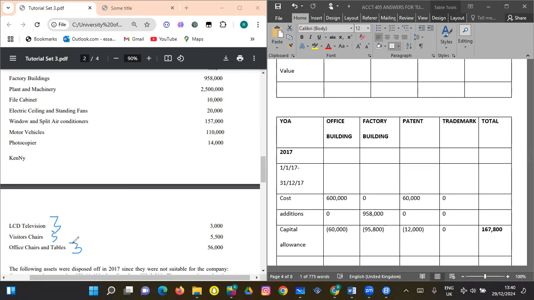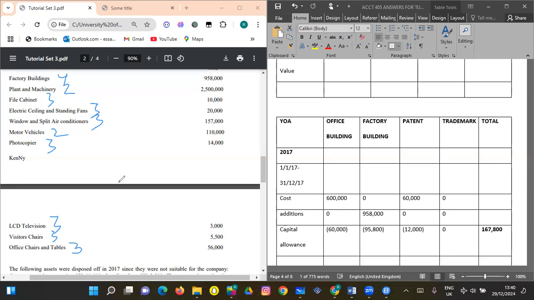So photocopier pool 3, motor vehicle pool 2, windows and split air conditioners pool 3, electric ceiling fan pool 3, file cabinet pool 3, plant and machinery pool 2, and then factory buildings pool 4, or you leave it alone. So that's what we are going to do here.